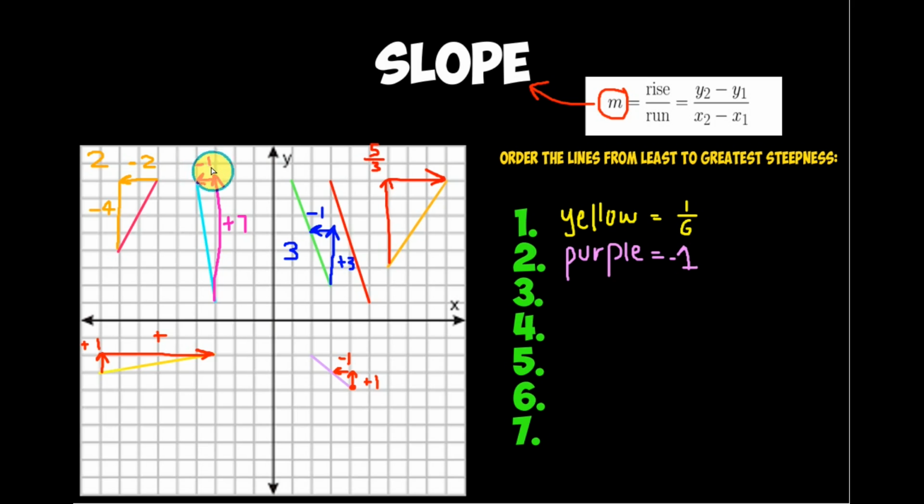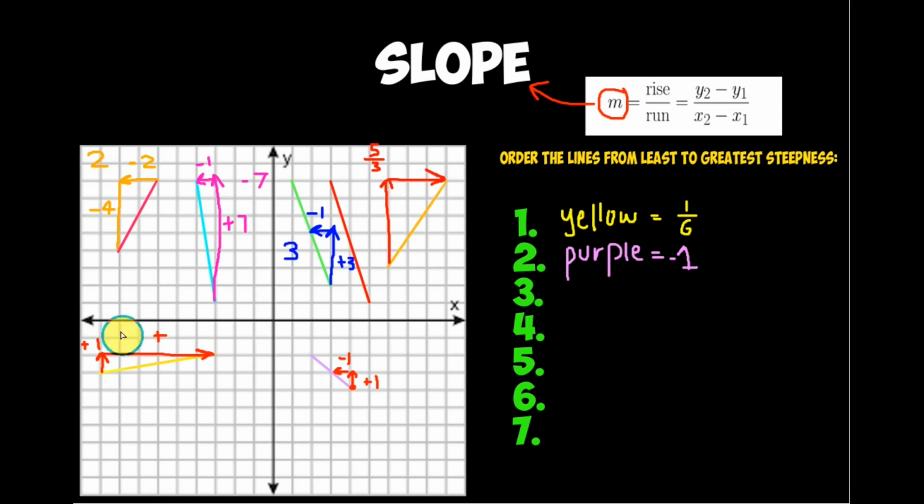So that's negative 1. So our slope would be 7 divided by negative 1, and it would equal negative 7. So our slope is negative 7. Let me just write that over there. Negative 7.